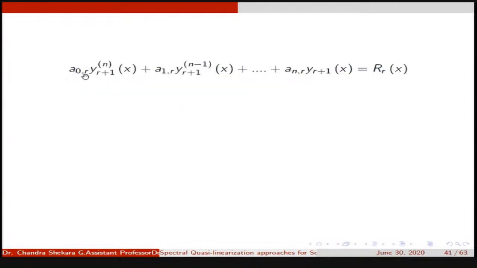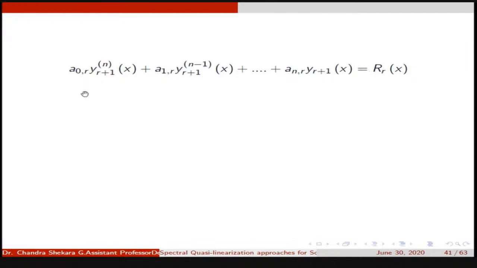You write it as a_0,r times the n-th derivative of Y r plus 1, a_1,r times the (n minus 1)-th derivative of Y r plus 1, and so on up to a_n,r times Y r plus 1, the non-derivative term, equal to R_r of x. This R_r of x is a known term at the present iteration. So only the left hand side contains the values of the next iteration.